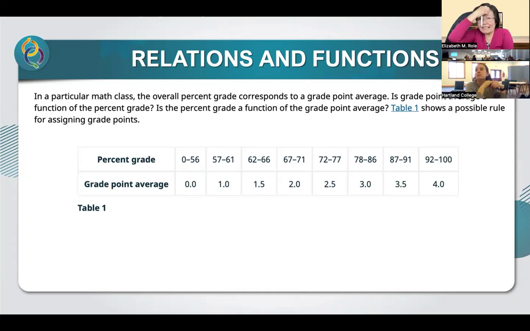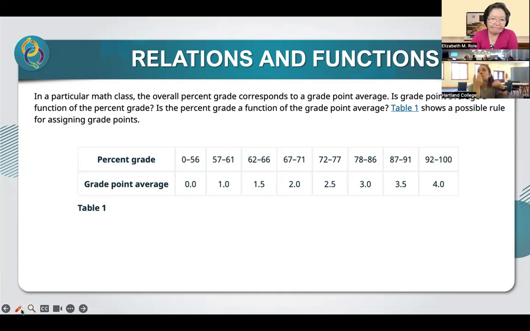So the question that is asked is: is grade point average a function of the percent grade? Okay, so let's understand the terminology here. In this question, which is the output, which is the input? Is the GPA the output or the input? The output. All right.